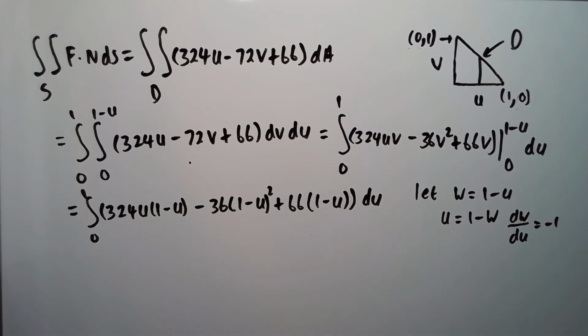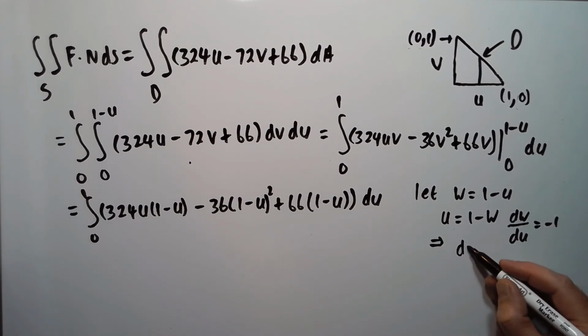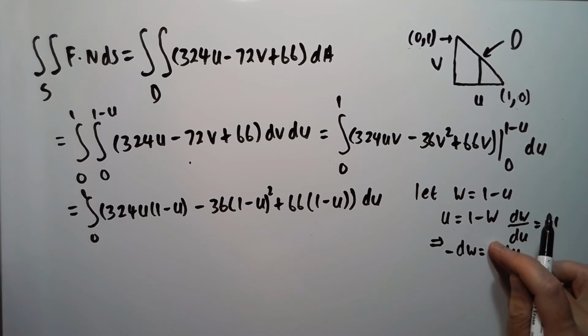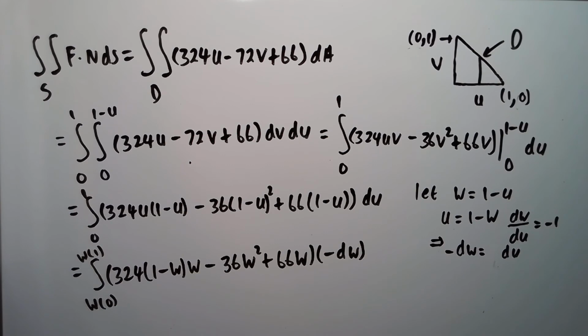I would then say dw equals minus du, or minus dw equals du. So let's make those substitutions. 1 minus u becomes w, and u is 1 minus w, so we get this. Now w of 1 is going to be 0, and w of 0 is going to be 1.